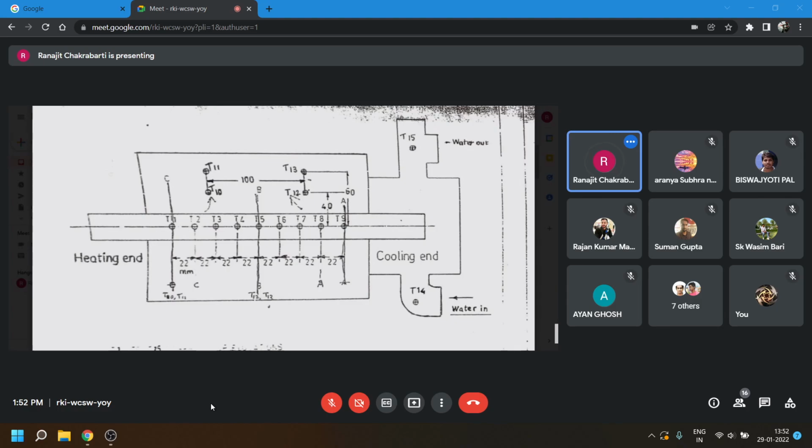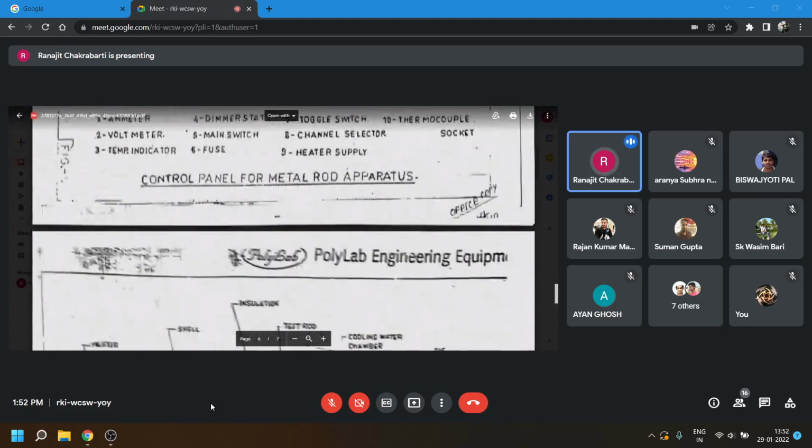That is a heat balance equation. That equation is written here.